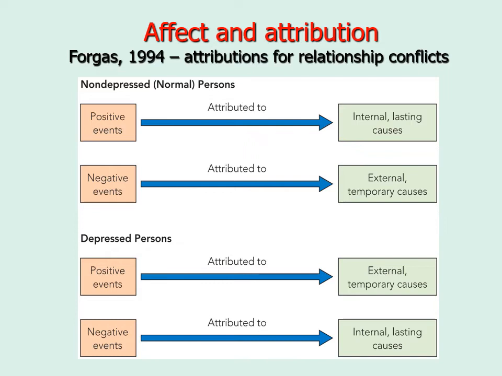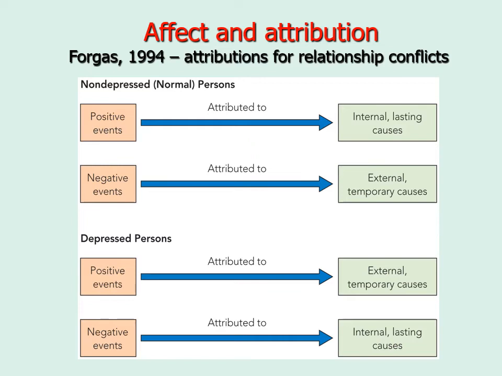What we found was that when people are non-depressed, they tend to give a positive explanation for positive events. They claim to have internal lasting causes, and they give negative events a more external explanation. They don't blame themselves or their partners.